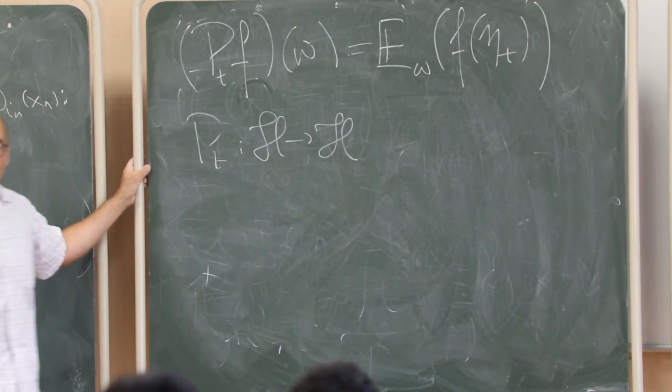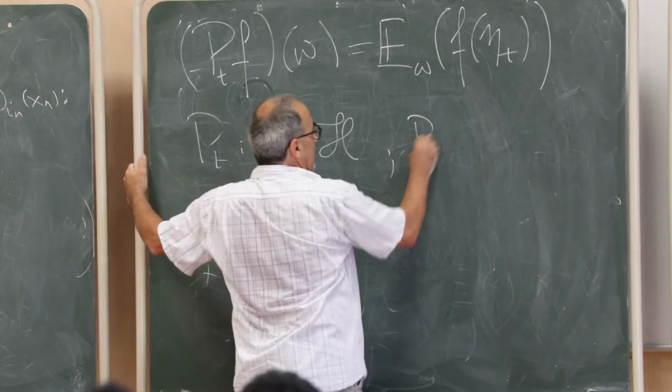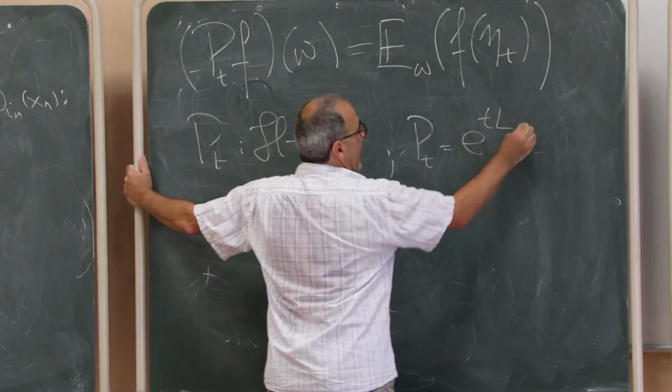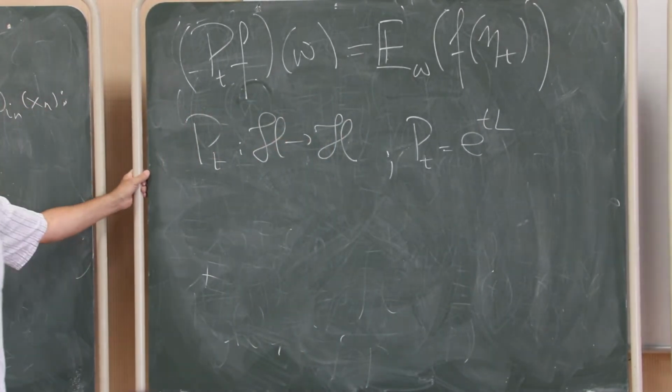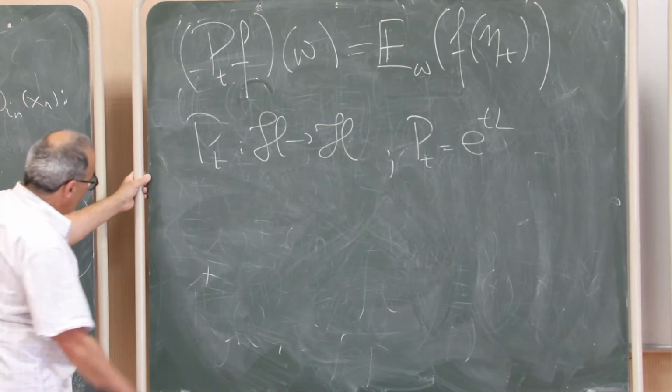This is a semigroup, P_t acting on H. It's a contraction semigroup. It has an infinitesimal generator. P_t is e to the tL as usual. And now I will write down the infinitesimal generator. That's the point, because that contains all the information. Now, it's a very beautiful object.